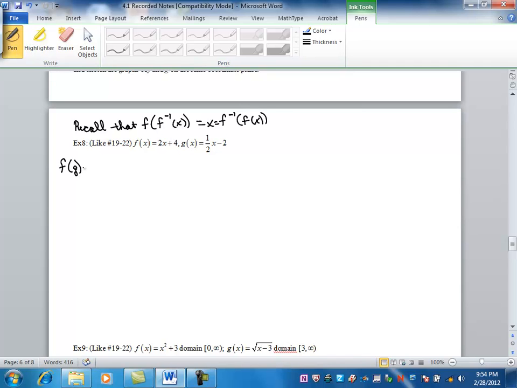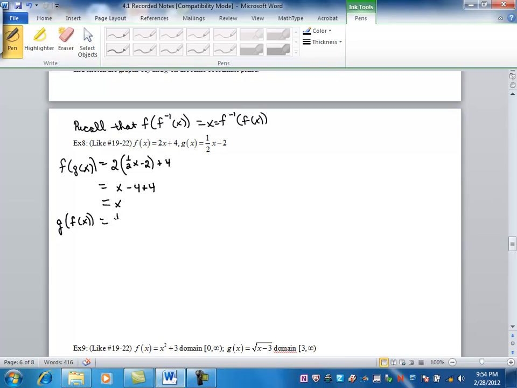F composed with g of x, well, this is 2 times 1/2 x minus 2 plus 4, which is x minus 4 plus 4, which gives me x. And let's consider g composed with f of x.